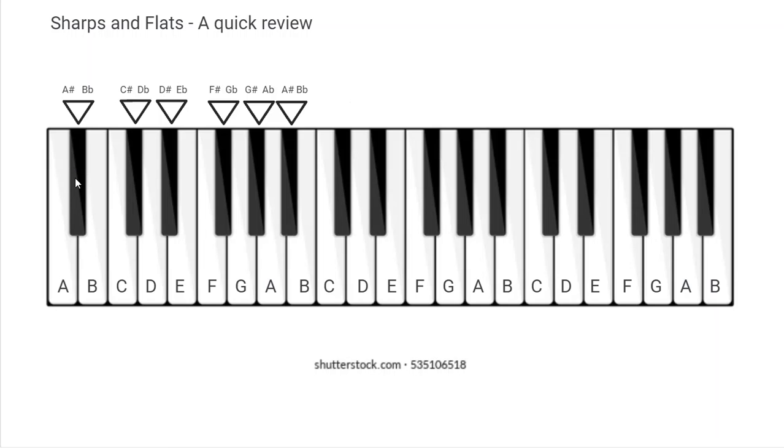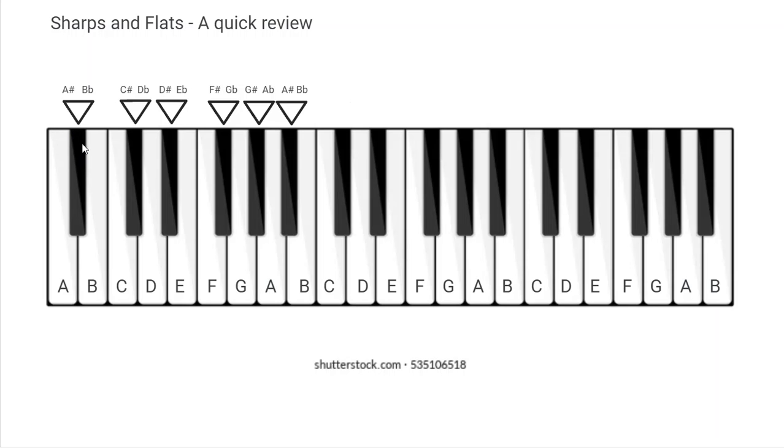Then we have these little black notes. A, B, C, D, E, F, G name the white notes. The black notes are our accidentals, or our sharps and flats. So from A, if we go up a half step, that would be the black note right next to the white note.